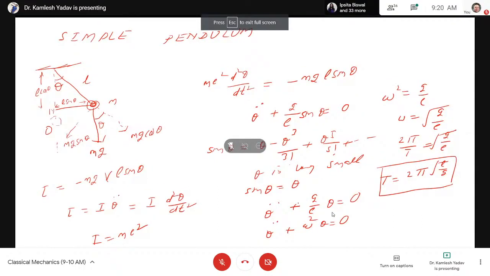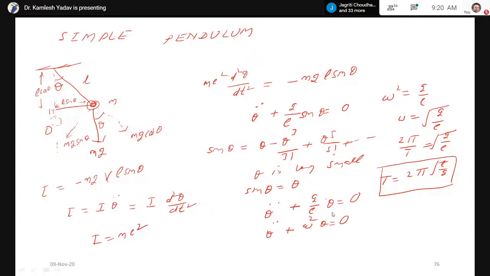So there it should have been minus of mg L cos theta, sir? Okay, understood. There is a problem.